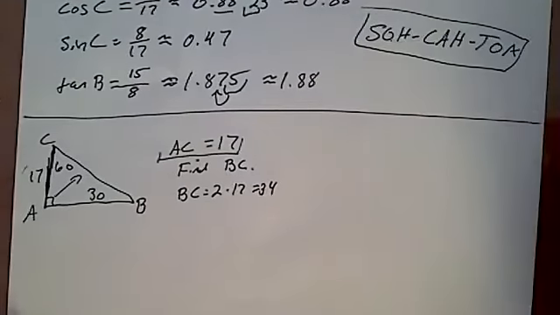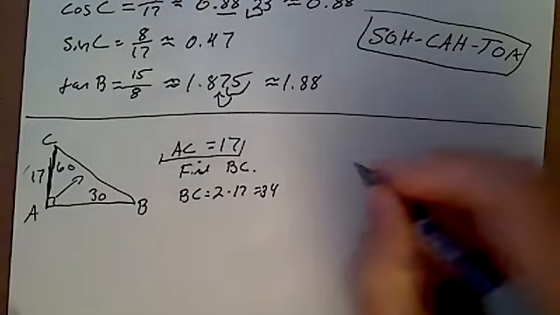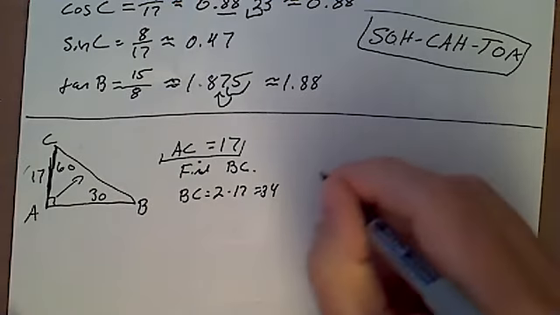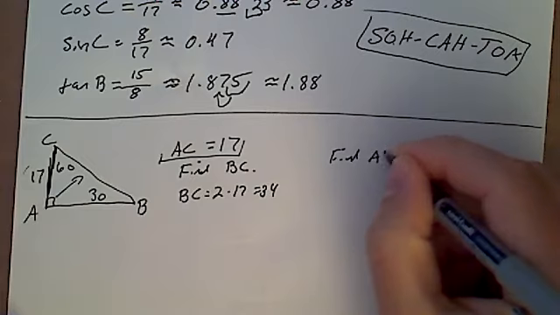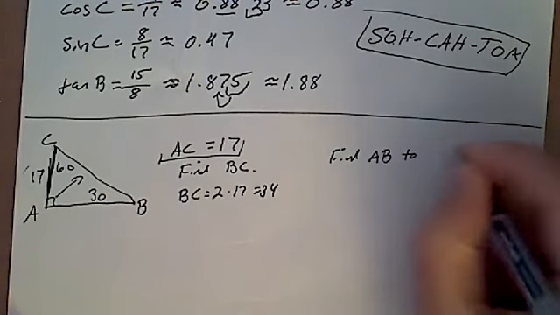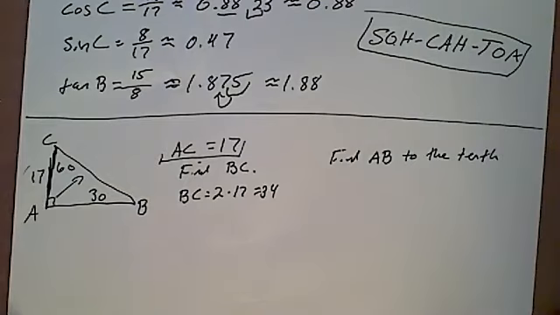There'll also be a question, not in the same question, but a different question, with the same kind of diagram, and it'll ask you to find AB. This is probably to the 10th. All right.